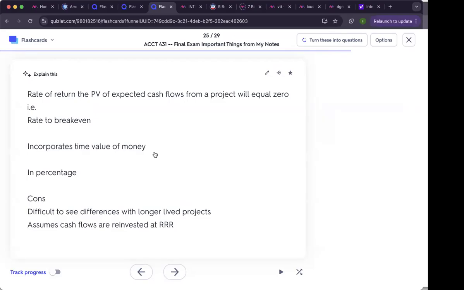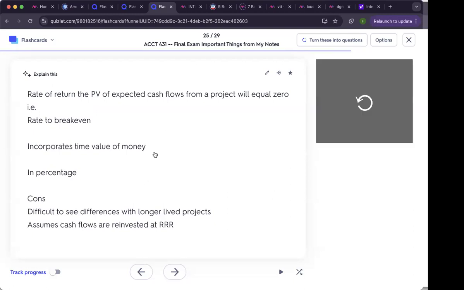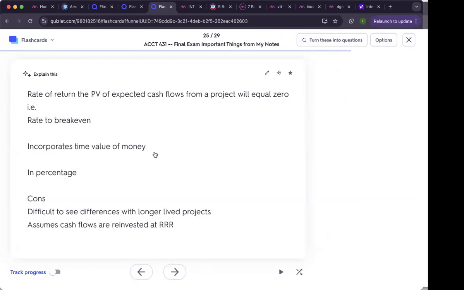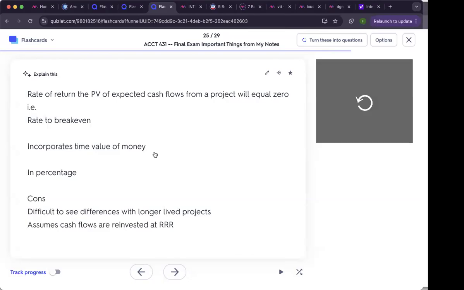The IRR just tells you the percentage it will take to break even. It's not really demonstrating very well that one is a lot longer than the other. Also, it assumes cash flows are all reinvested at RRR, which is definitely possible, but also not a given.